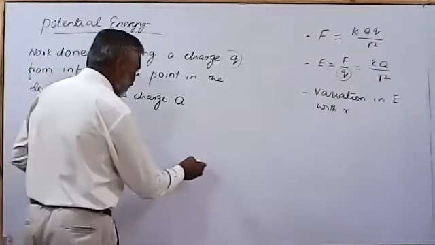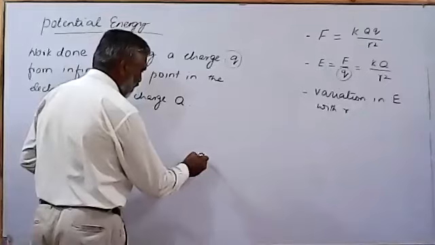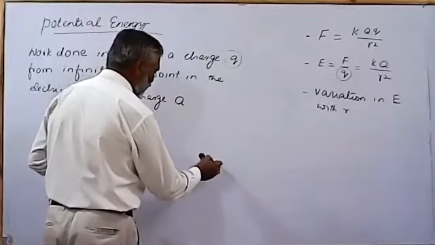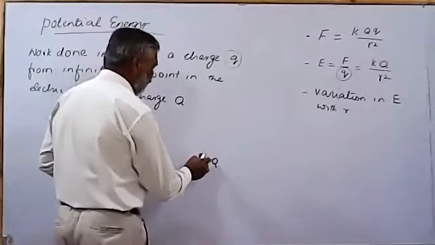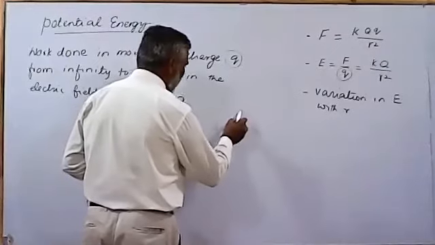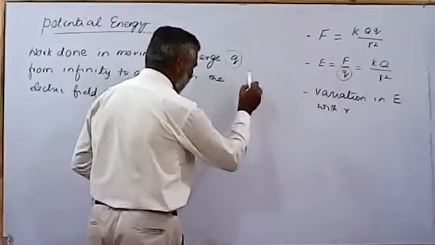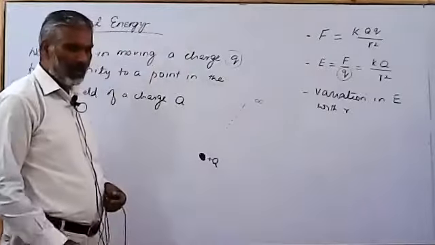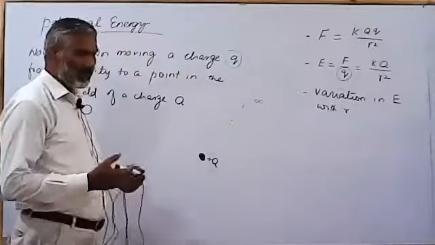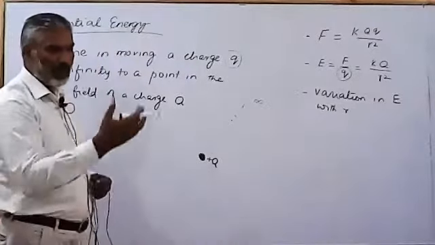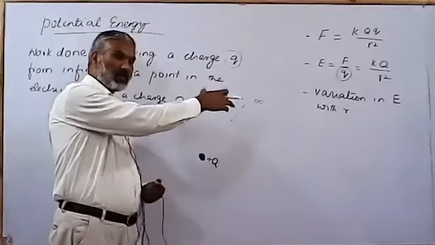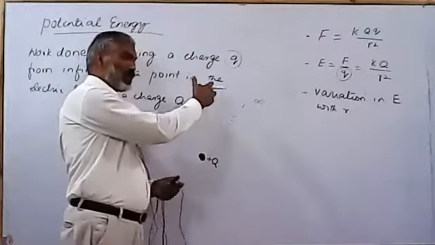This means if you have a charge Q placed here, let's say this is a positive charge Q, and at a large distance from it, which is infinity, it may be a few centimeters in the case of charges. Infinity simply means that from the point of view of this charge, it is such a large distance that its field does not exist here.